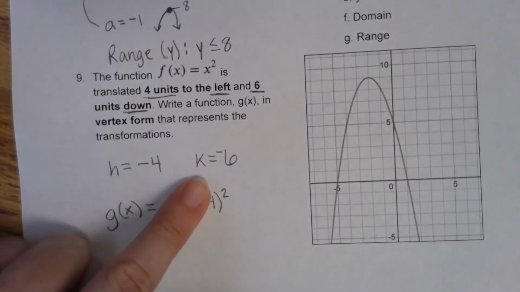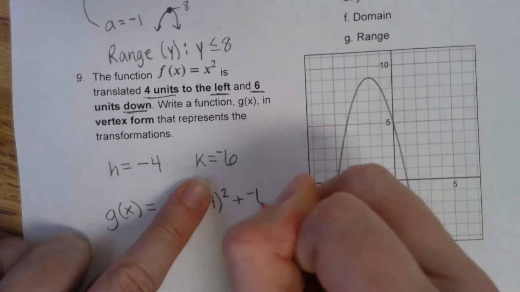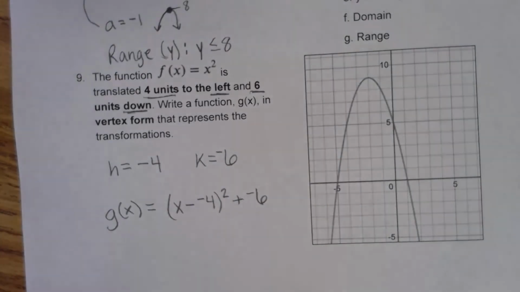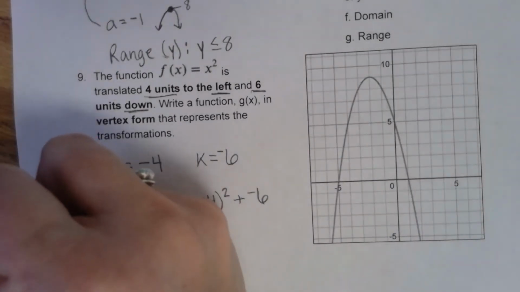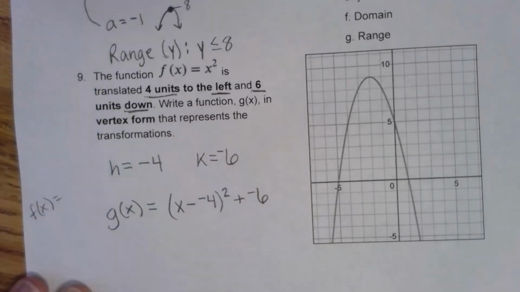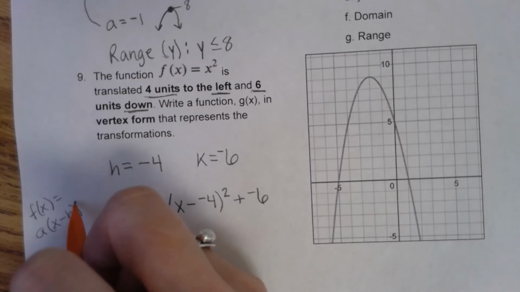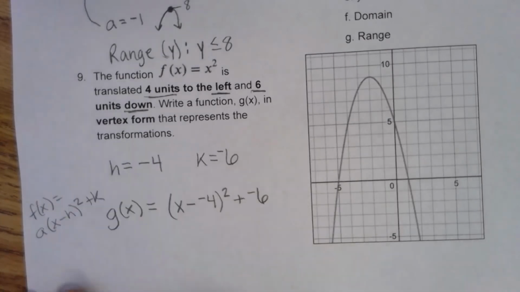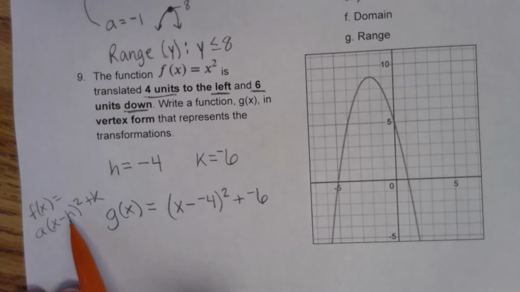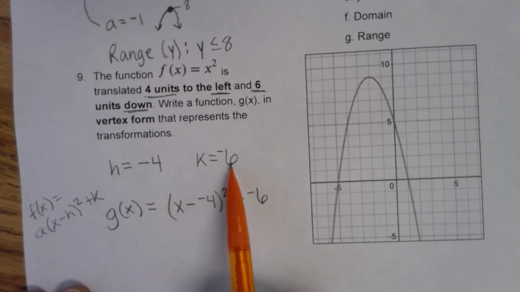And then your k value, so plus k at the end. So vertex form, we'll write it over here to the side, is a times x minus h squared plus k. So we said our a, we don't have it changing, opening up or down. Our h is what moves it left or right. Our k is what moves it up and down.